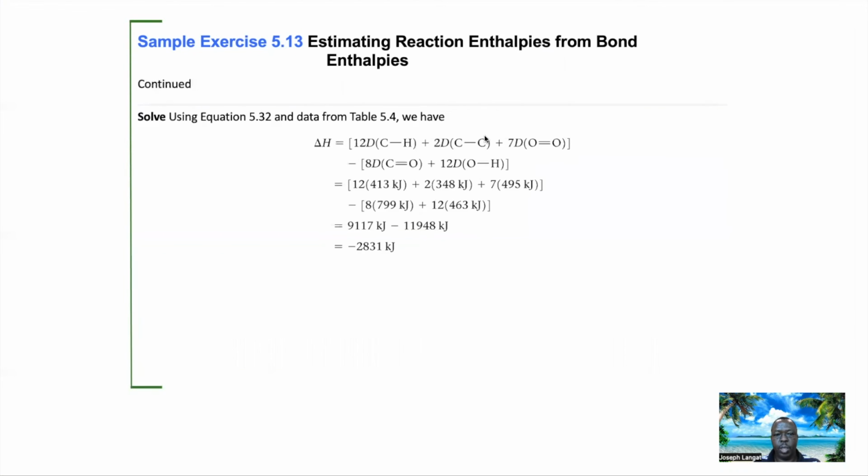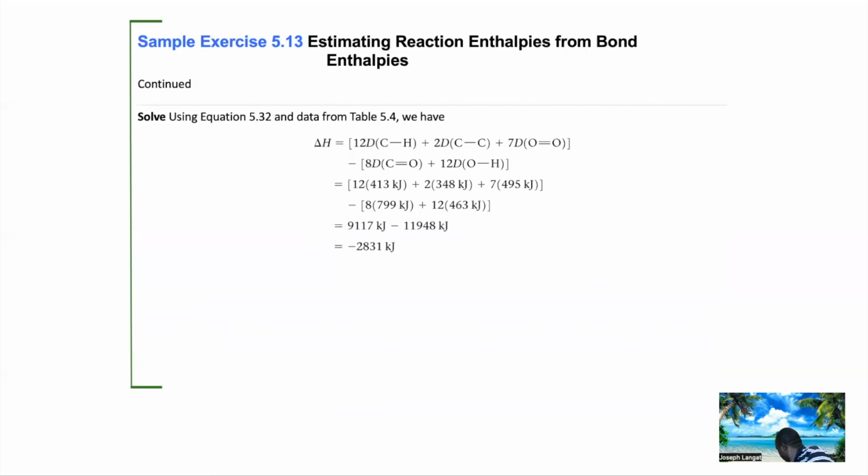So if we plug that in, this is reactant minus the product, D for dissociation. You'll do the same thing for our example, combustion of ethanol. In this case, we have used the bond dissociation.